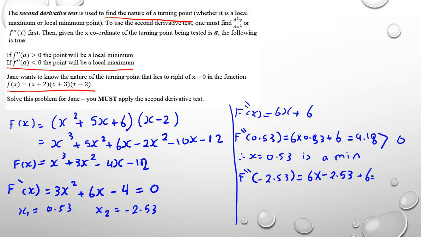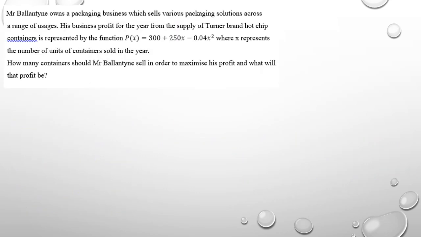And you get the answer negative 9.18, which is less than 0, which means that my x equals negative 2.53 is a maximum point, because it says here if the double differentiated value of the function is less than 0, which is negative, it means that the point you've substituted is a maximum. So that's the answer for that question, and it's worth an Excellence.